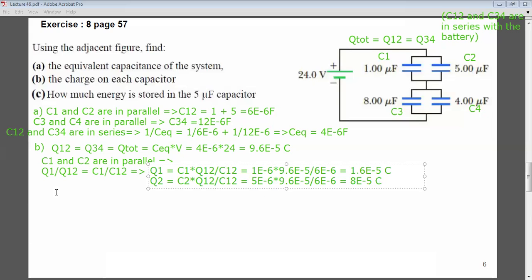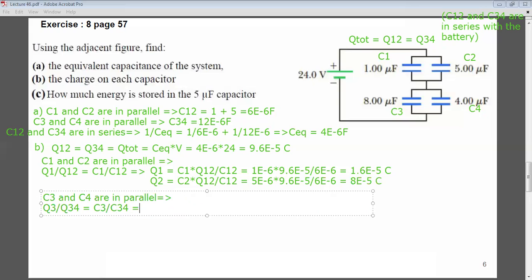Okay, similarly for C3 and C4. C3 and C4 are in parallel. So I do exactly the same thing. Q3 divided by Q34 is C3 divided by C34, and this will give me Q3 is equal to C3 times Q34 divided by C34.